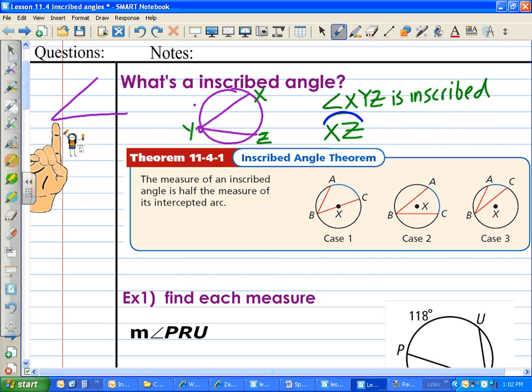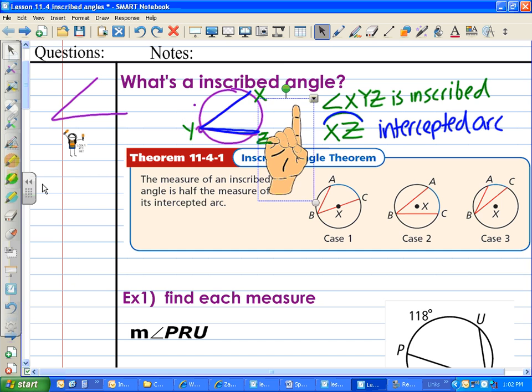So we'll call this an intercepted arc. I'm giving you some terms here because I may use them later on. It's kind of like it was captured by this angle, so it's intercepted. For example, this inscribed angle basically intercepted this arc right here.